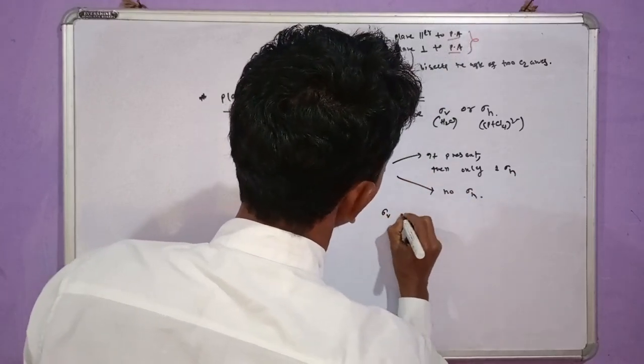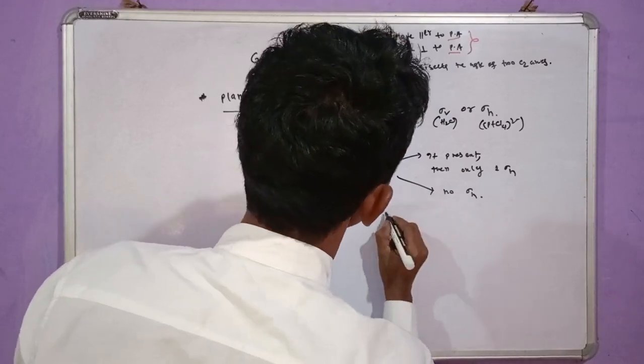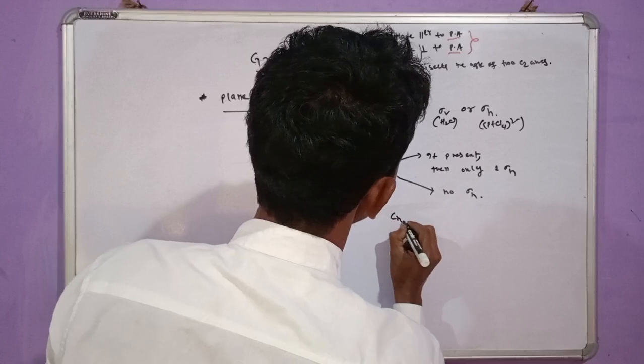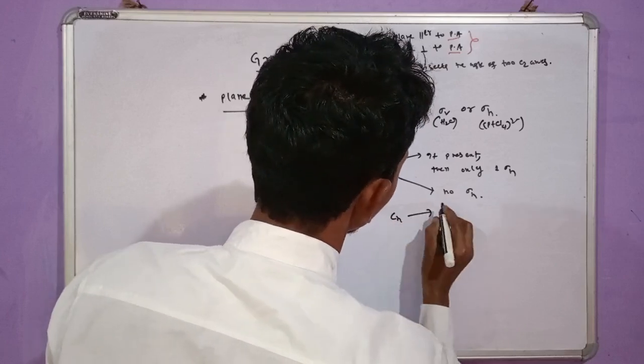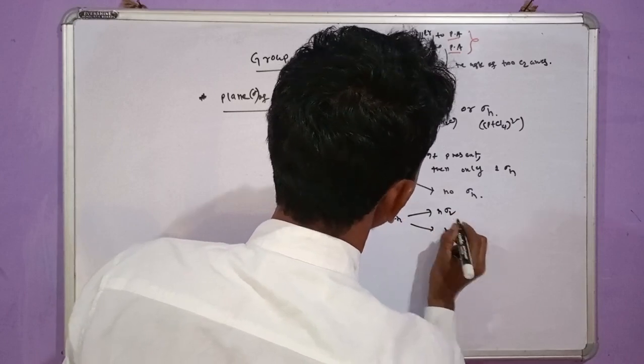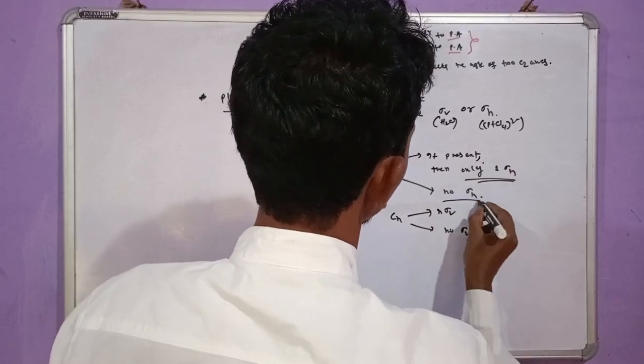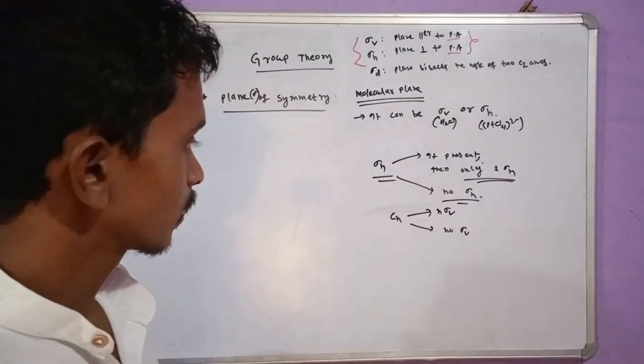But for sigma v, we know that if the axis is Cn and sigma v is present, then n number of sigma v are present, or no sigma v is present. For sigma h, if present, then only one sigma h is present, otherwise no sigma h. Okay.